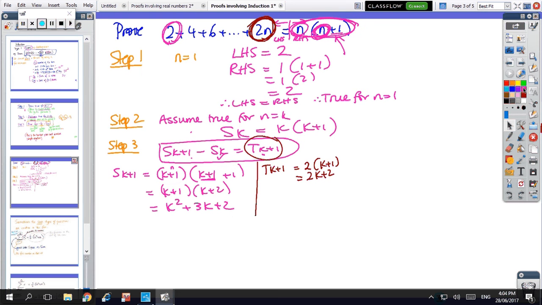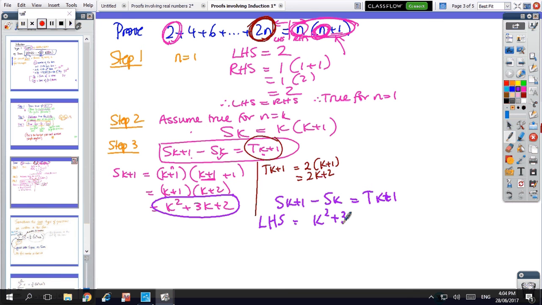Okay, so this is what I'm trying to prove. So we've got pen back again, purple. Sk plus 1 minus Sk equals t(k plus 1). So the left-hand side equals that number, k squared plus 3k plus 2, minus Sk, which is that number just there.